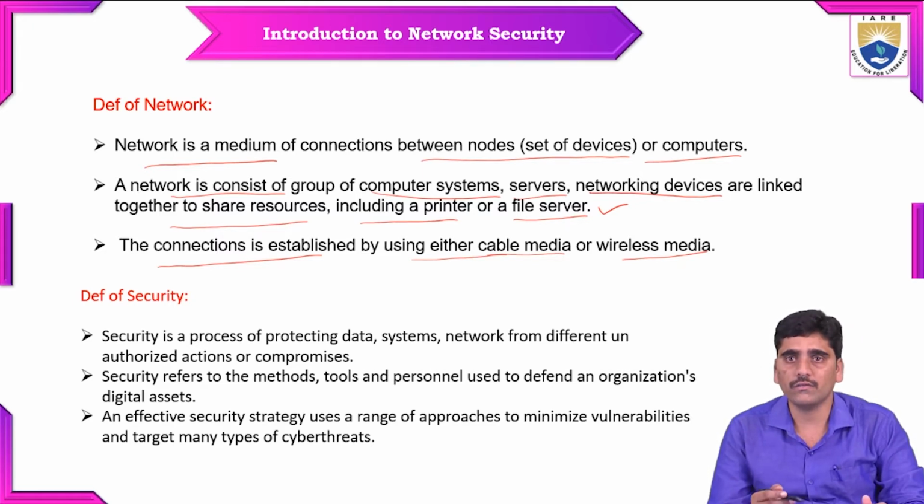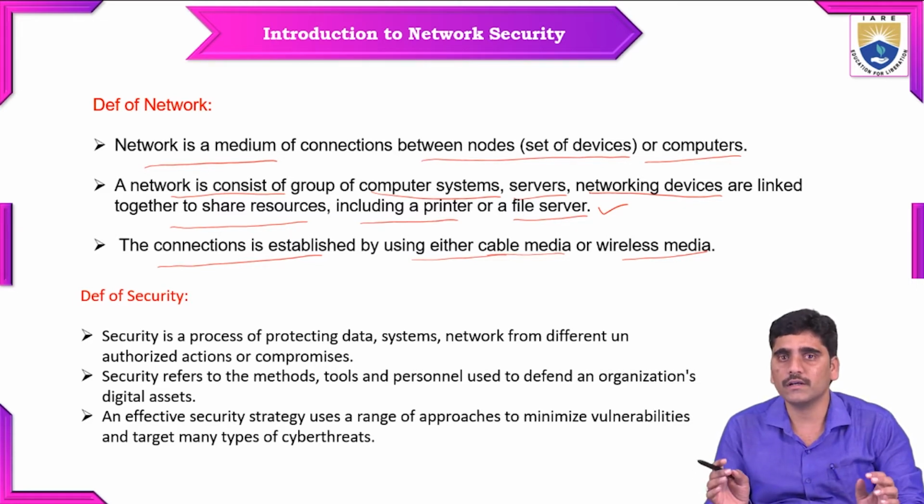What we have to understand from here is that a network is a medium of connections. It is a combination of connections, or a combination of sets of devices, or computers that are connected together in the form of either a cable media or a wireless media. They can communicate and connect with the help of cable media or wireless media.